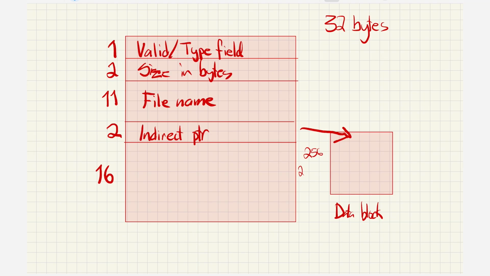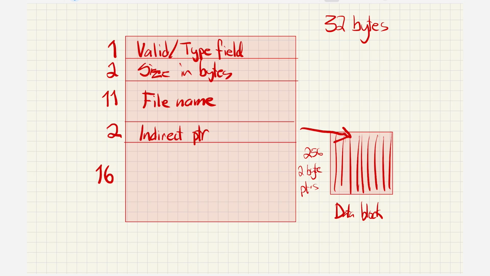256 2-byte pointers pointing towards other blocks. So if this is a directory, this could point to different inodes, making up the directory structure. But if this is a regular data file, it will point to different blocks, different data blocks on disk.